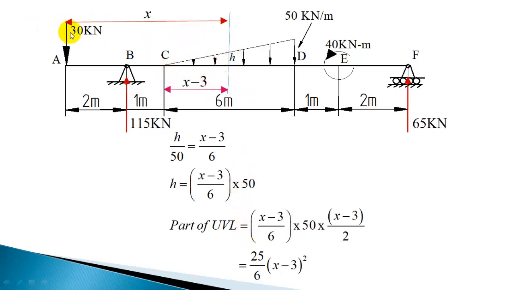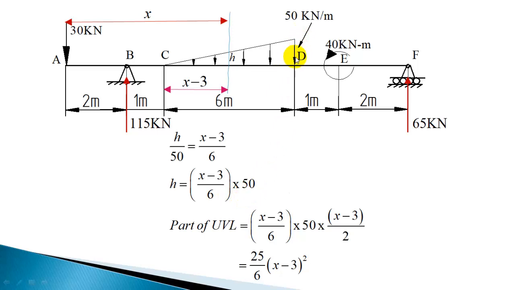Now if x is 3 meter, that is at C, you should get intensity 0, and you are getting intensity 0. Now if x is 9 meter, that is at D, you should get intensity as 50. Let us substitute and see. x is 9, you get (9 minus 3) which is 6, by 6, you get 1 into 50.